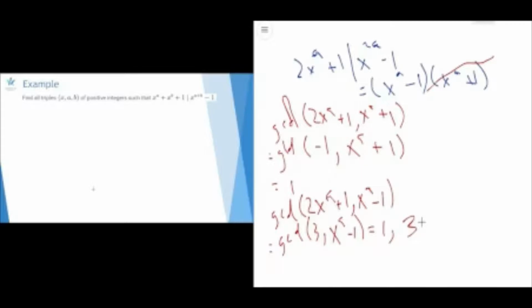So if 2x to the a plus 1 is equal to 1, then that means x is 0, which is not in our solution set, right? Because x has to be positive. Or 2x to the a plus 1 equals 3, which means x to the a equals 1. So x equals 1.